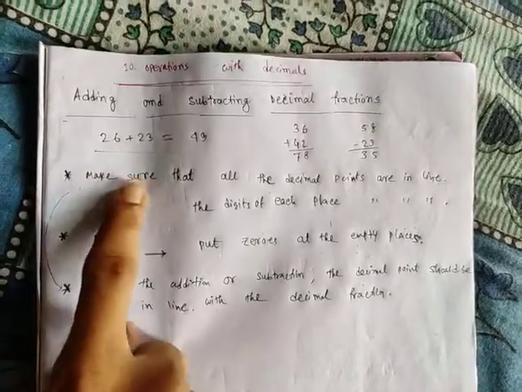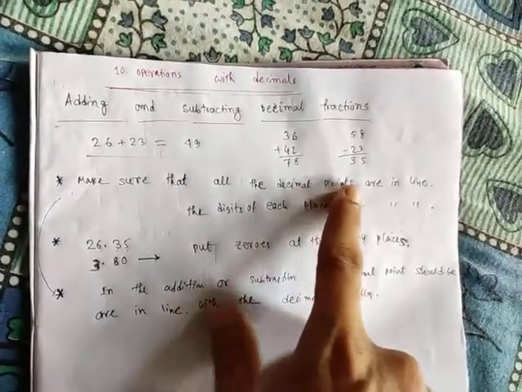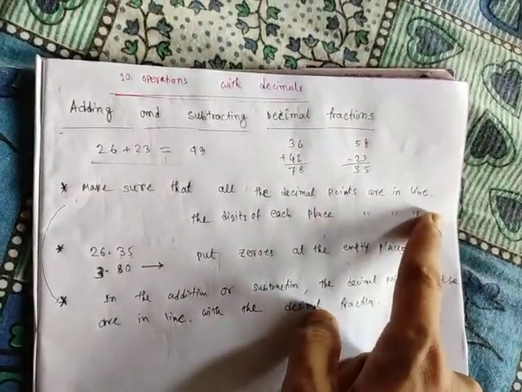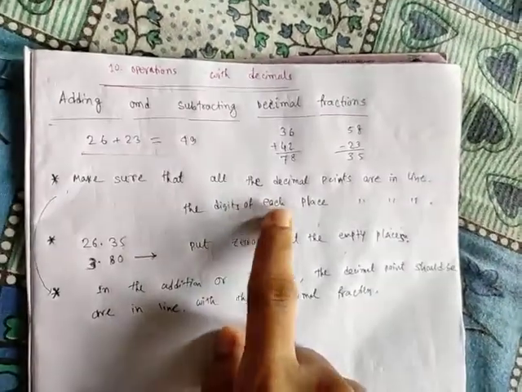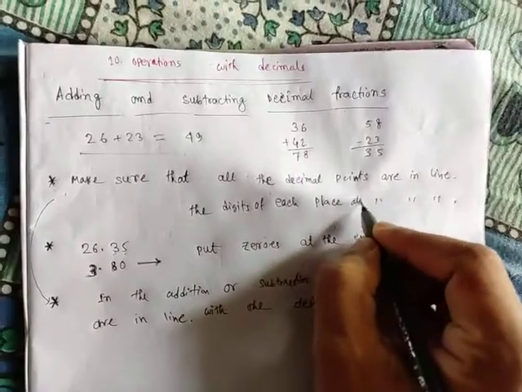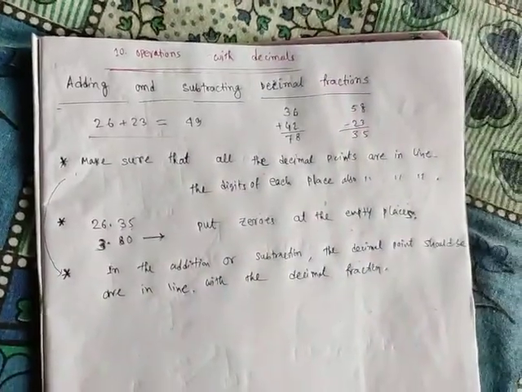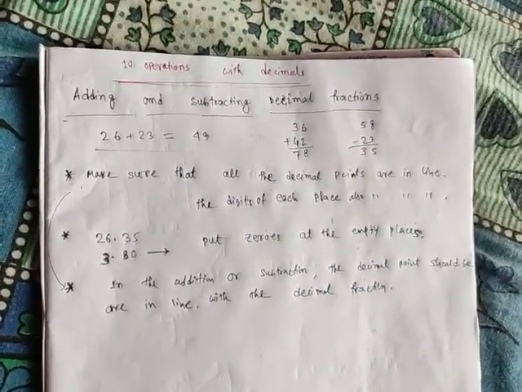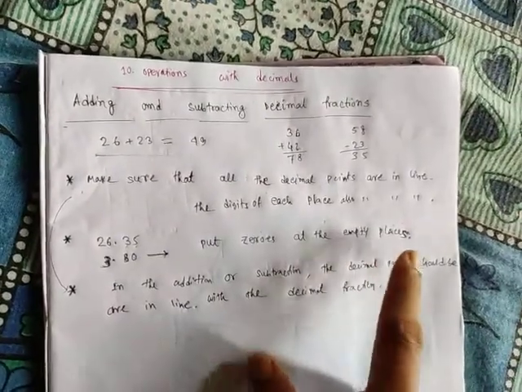First point, make sure that all decimal points are in line and the digits of each place are also in line. Next, put zeros at the empty places.